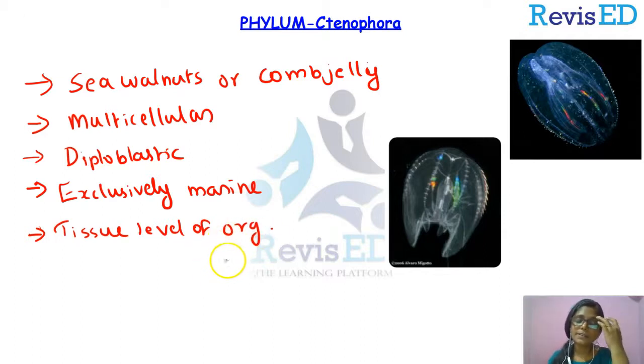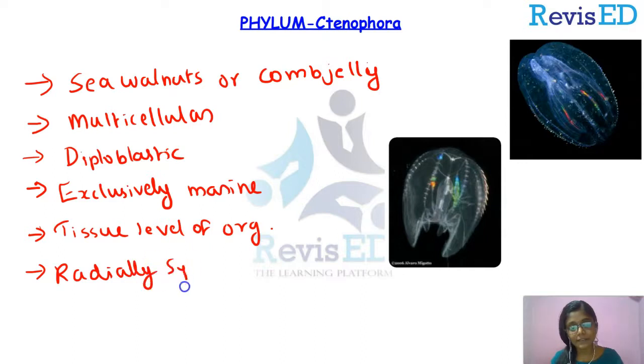Now, tell me, what is the symmetry of these animals? Can you guess? They have somewhat spherical body structures. So, what will be the symmetry? Yes, they are radially symmetric animals. We have studied that most radially symmetric animals have a spherical or cylindrical body.